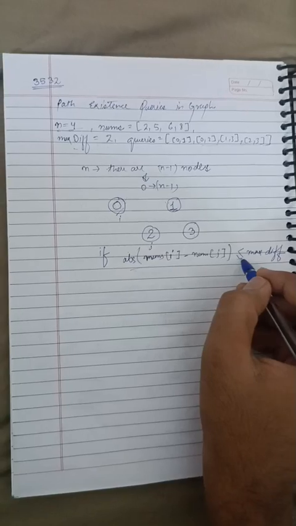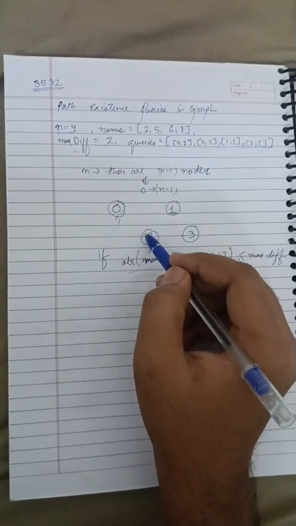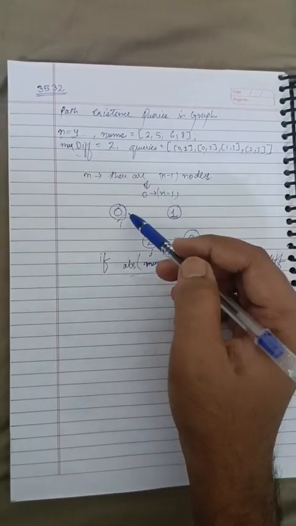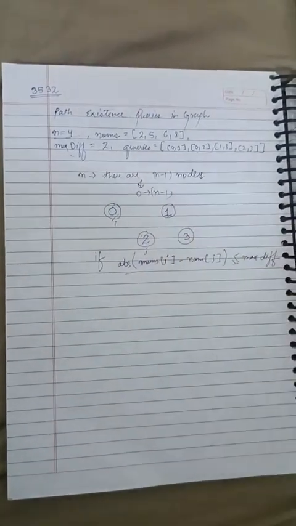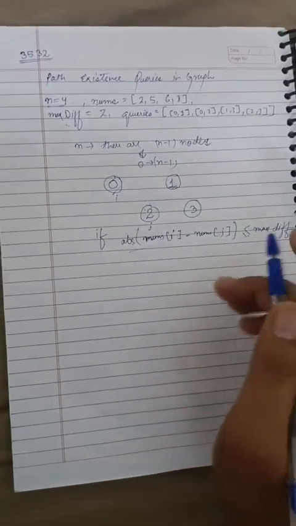If this criteria qualifies, then we will make an edge, and when queries come, if there is an edge, I will return true, else return false. Okay, let's solve the question.